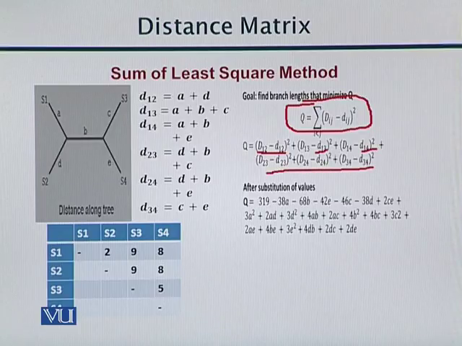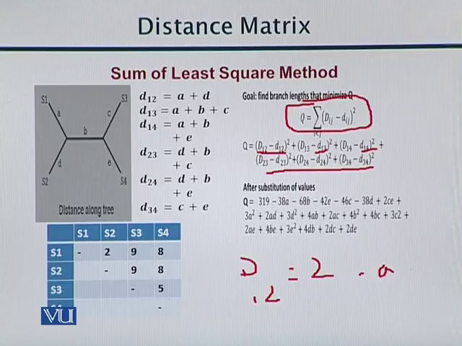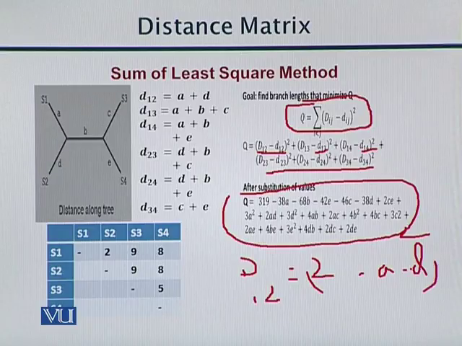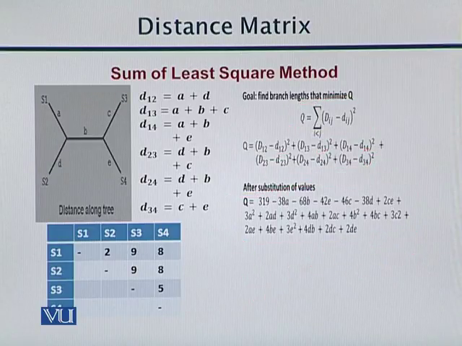After substitution of values, for example for d12, D12 is our 2 minus small d12, which is basically A plus D. So similarly I will fill in all these values, and then after substitution I will get this information, which would be Q equals 319 minus and so on. Now how can I find values of individual elements such as A, B, C, D?